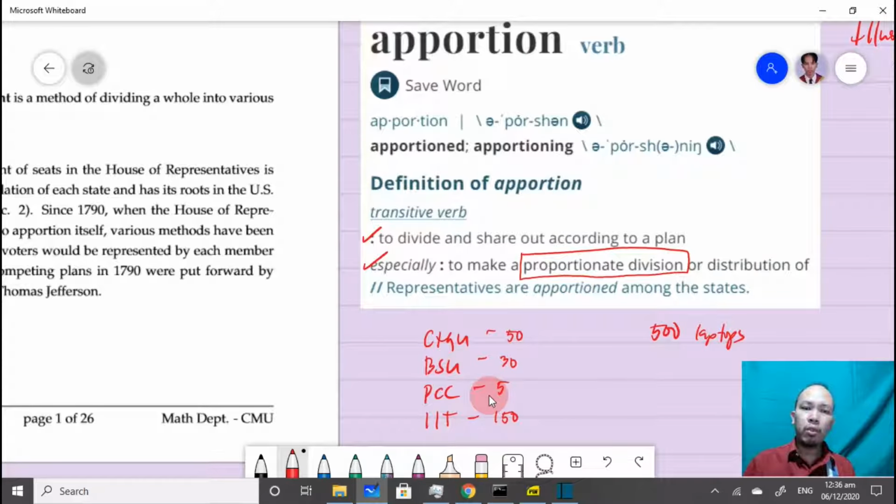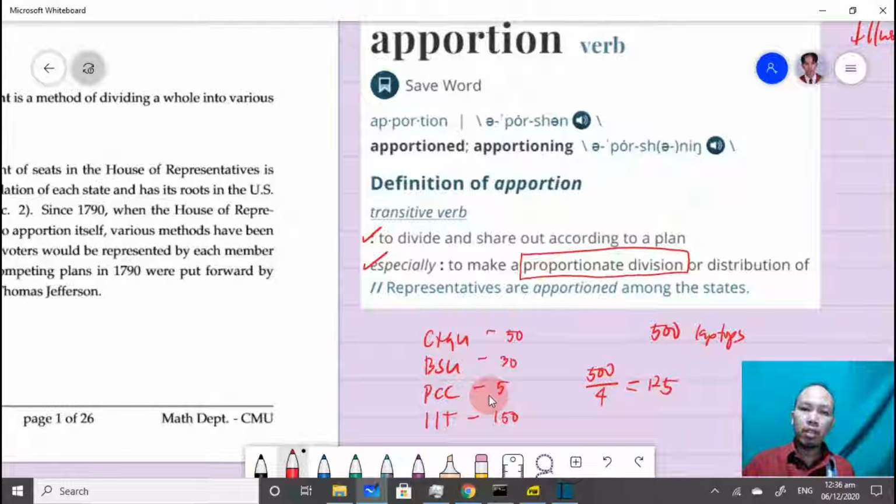So are you going to divide 500 by 4, since there are only 4 schools? What is 500 divided by 4? It's 125 laptops.